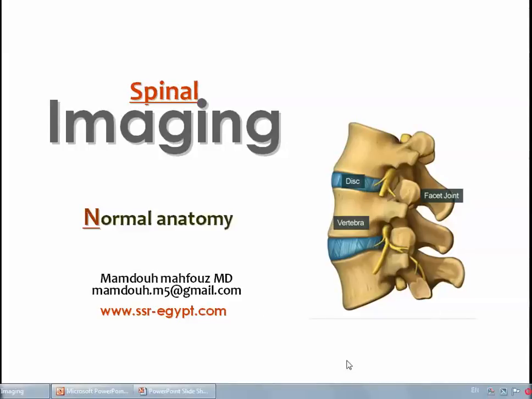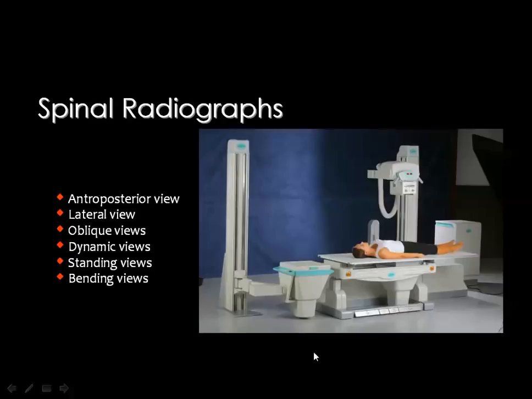Now we'll start the imaging of the spine with the normal anatomy.